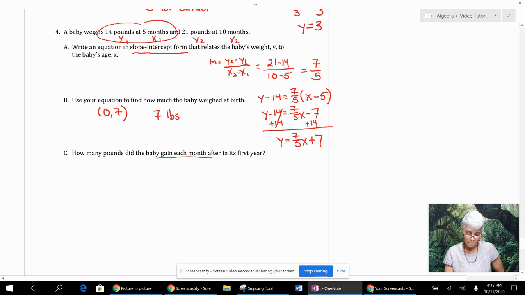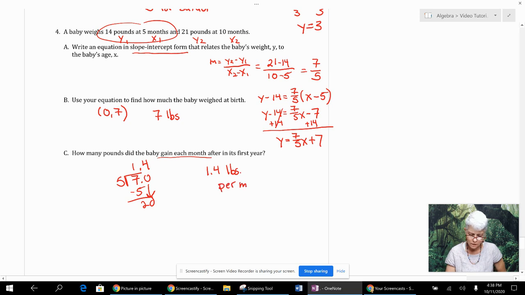I would turn that into a decimal. So we have 7 divided by 5, which is 1.4. So my baby is gaining 1.4 pounds per month.